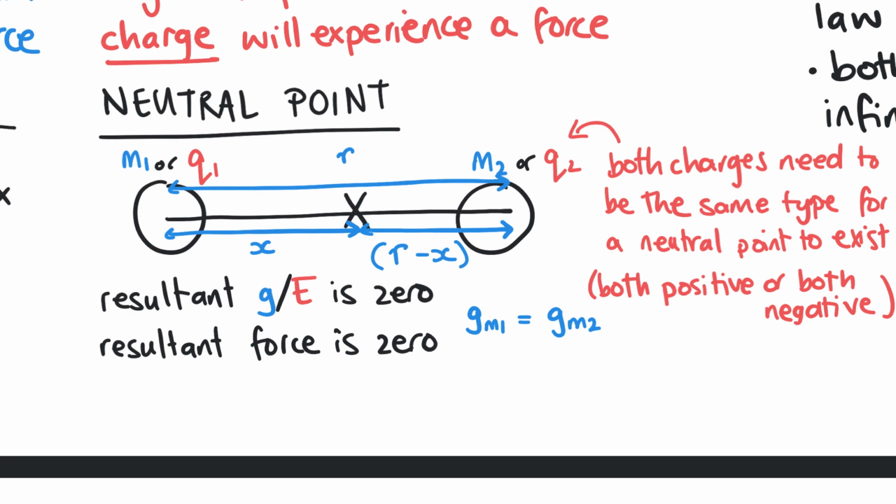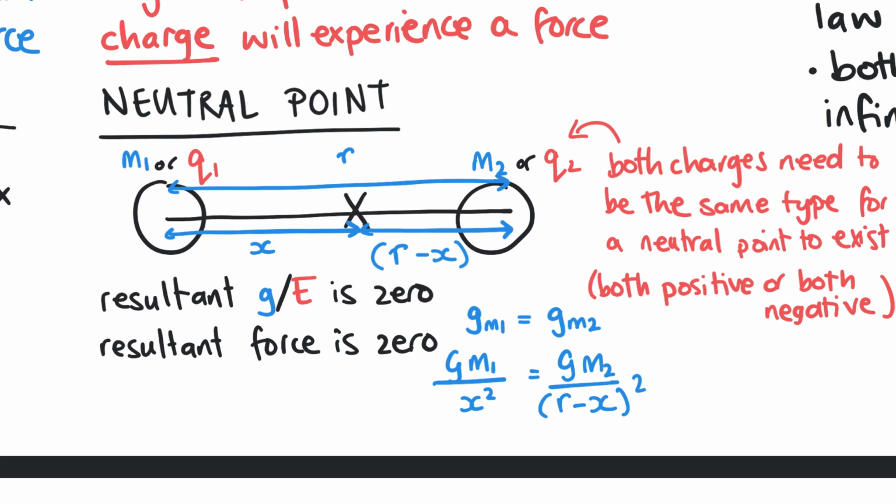Now if we look at the other equation that we have for the field strength, that would allow us to write gM1 divided by x squared, because x is the distance from this neutral point to M1, equal to gM2 divided by (r minus x) all squared. And that's because r minus x is the distance between the neutral point and M2. Once we have that expression, then it's just a matter of plugging the numbers in and working out x.